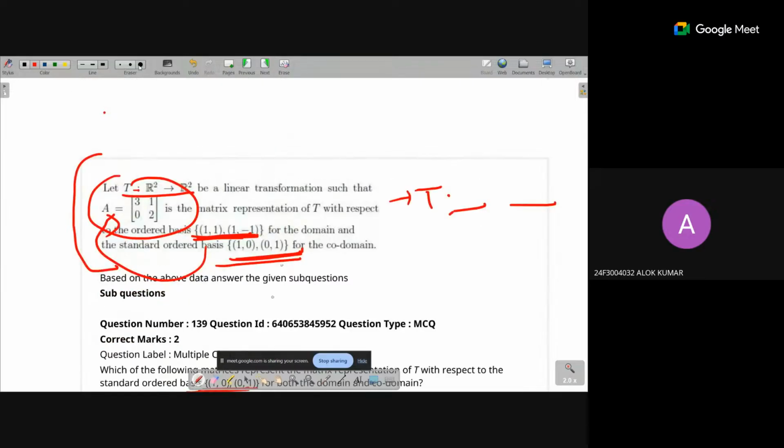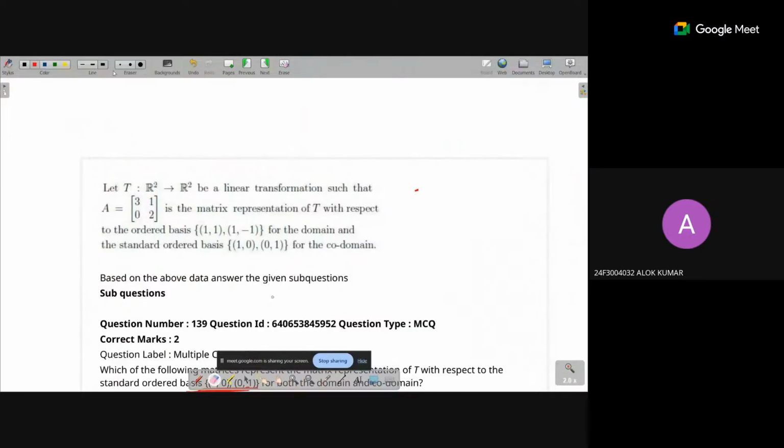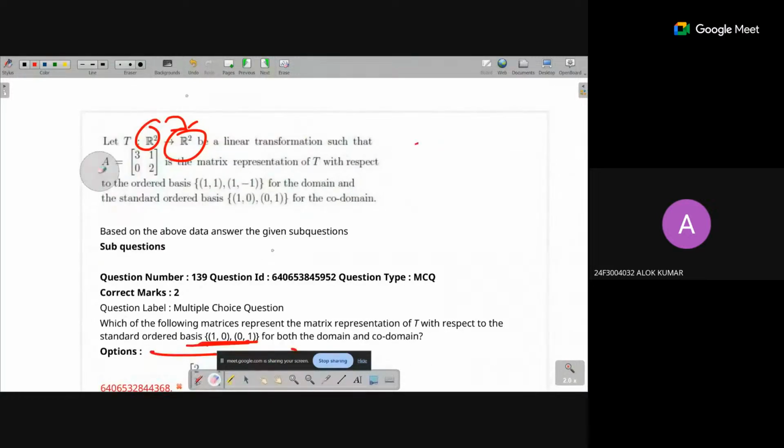So first we are going to try to write the transformation. How will the transformation look? Basically it is from R squared to R squared, dimension to dimension. Now we have to write the transformation.